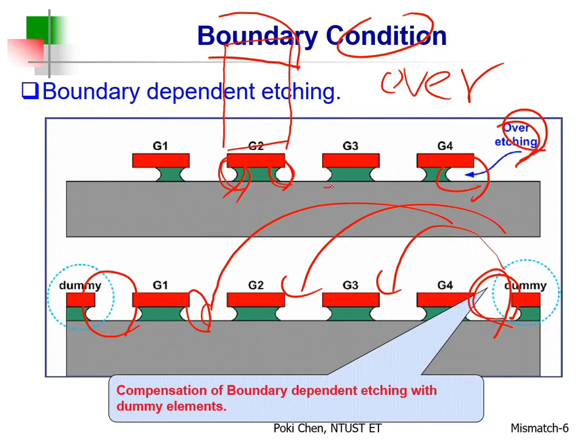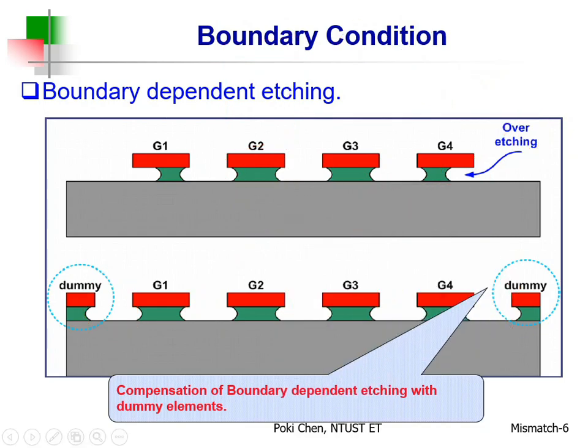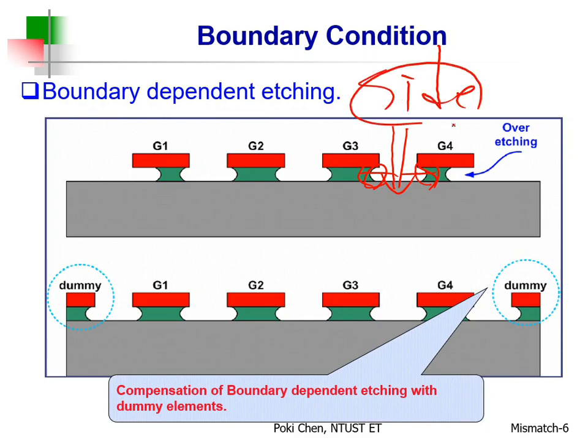Okay, I'm talking about here and there. Because according to the reaction, chemicals don't go all in that direction. No, they're in this direction and that direction. And it will cause you the so-called overetching. Or side etching. Okay, sorry. Allow me to reword. Those are called side etching. Okay, sorry for that.